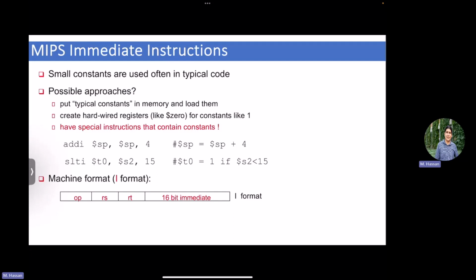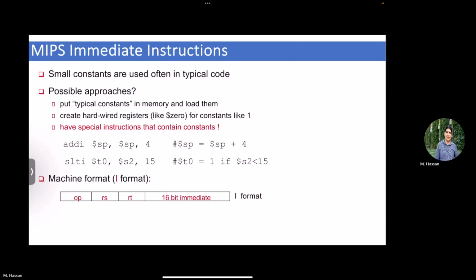But here, because you are using your immediate value as one constant, you are spending 16 bits for it, and you only need one other operand as an input. So, for example, if I'm adding this register with this register, I need SP to be my first source, 4 is my immediate value, and then I add both and put the result in the destination SP as well. Good. So you need one source register, one destination register, and your immediate value.